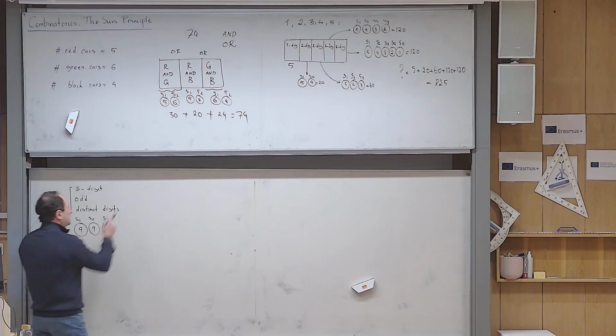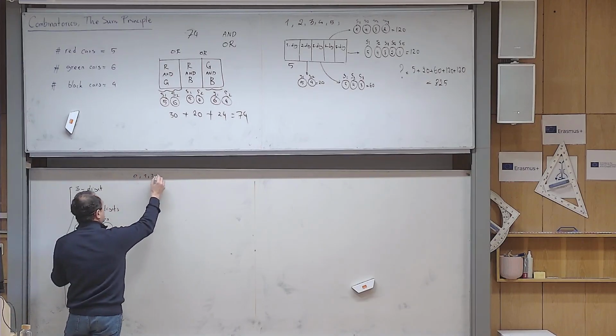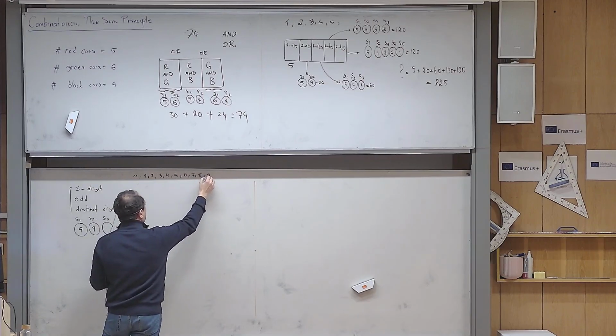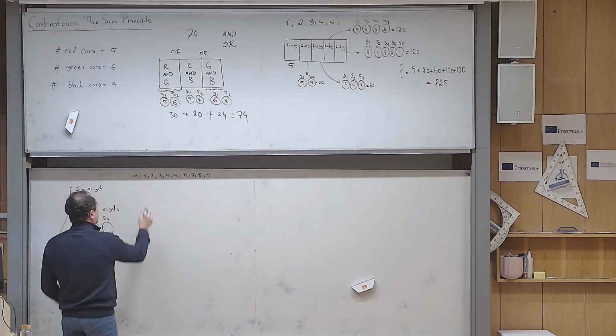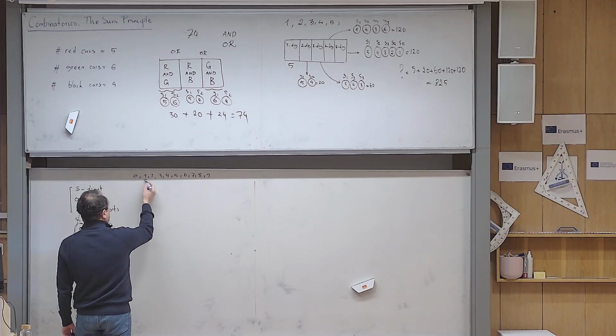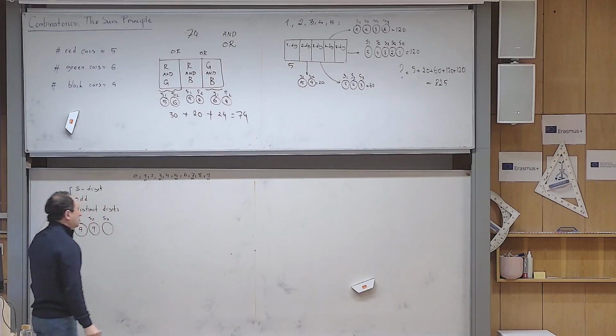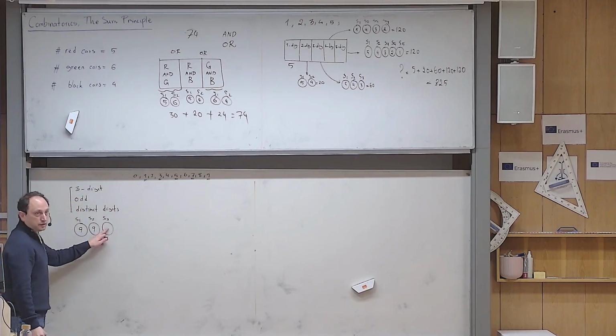Because then I cannot make sure what this number is. For example, 0, 1, 2, 3, 4, 5, 6, 7, 8, and 9. I know that for this one, these are the only options available in front of me, but I cannot write 5 here because it depends on how this is done.